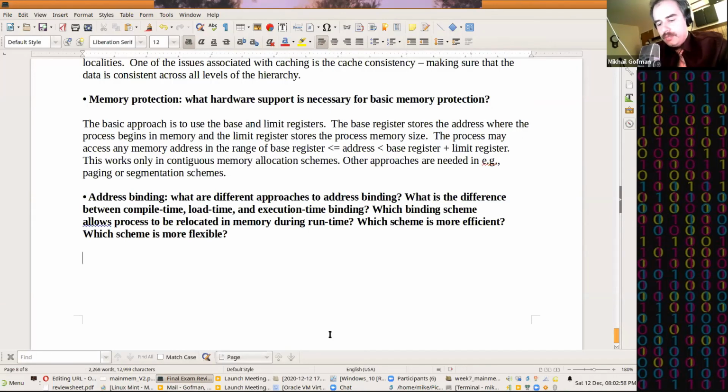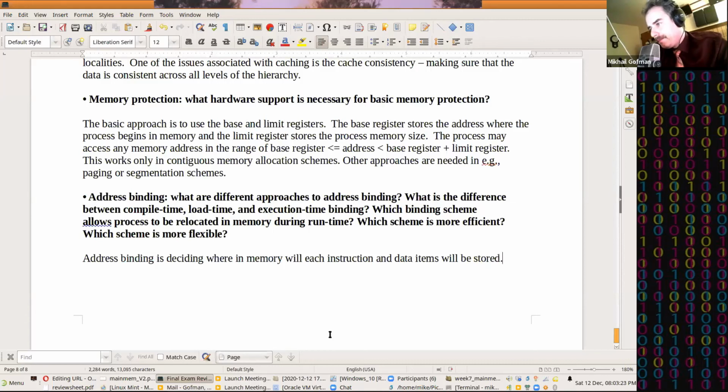So let's begin by defining it. Address binding is deciding where in memory each instruction and data item will be stored. There are three main types: compile time, load time, and execution time binding.